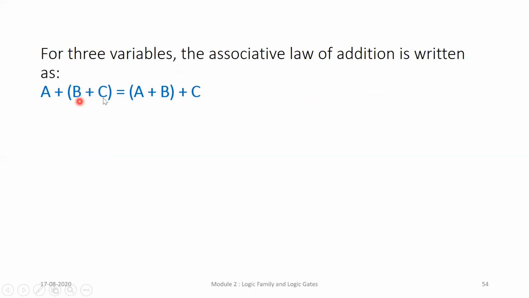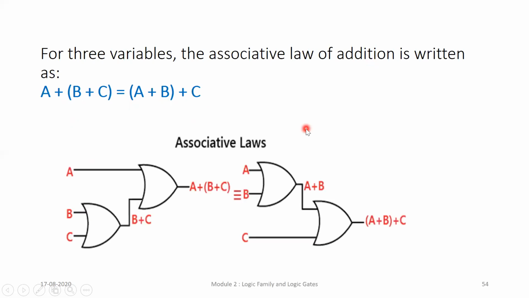So here B and C are added together, and that sum is added to A. Here A and B are added together, and their sum is added to C. So wherever there is addition, you will use an OR gate.